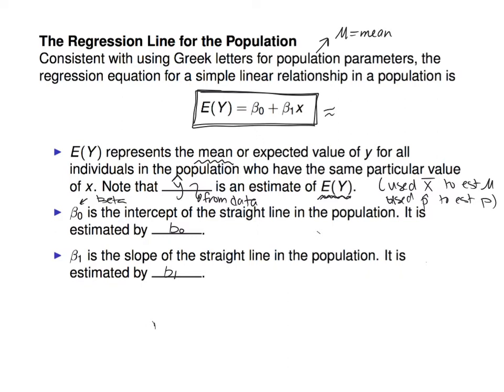So that's estimated by y hat equals b naught plus b1x. And this is from data, and this is the true line that you could find if you could possibly ask everybody and use all that data, but that's pretty much impossible, or expensive and time consuming, so you're forced to do estimations.